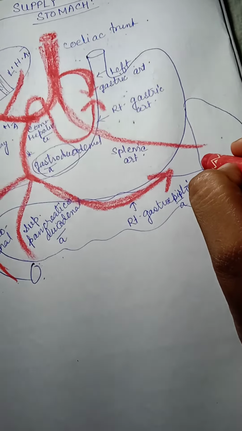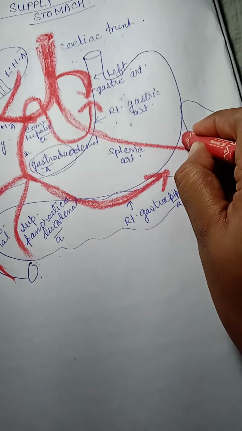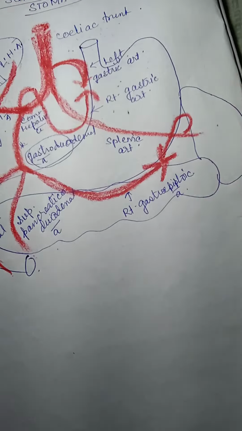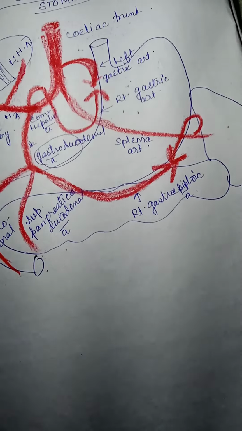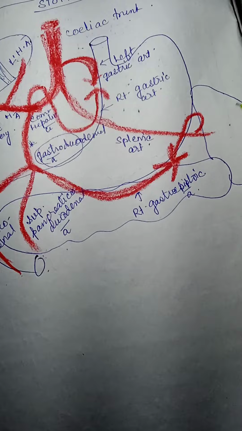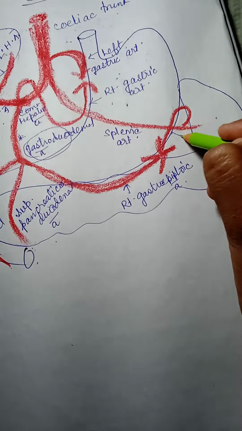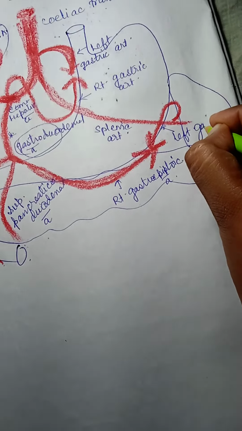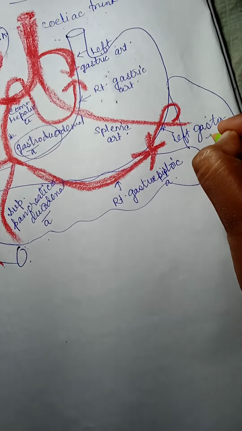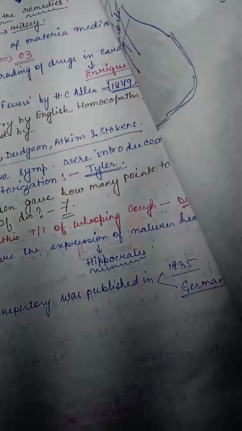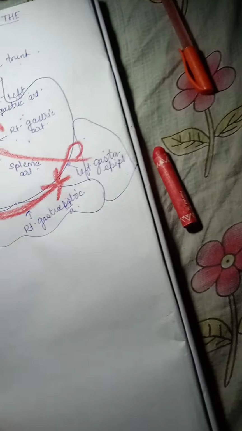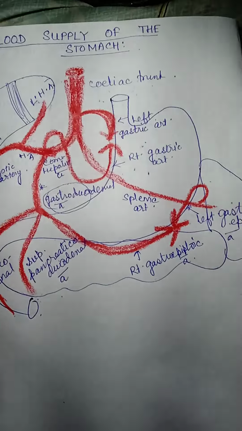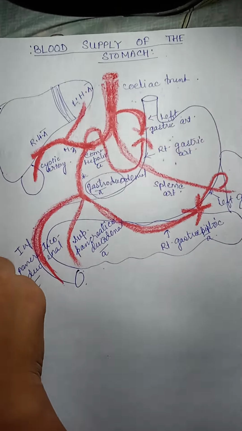It is making anastomosis with the left gastroepiploic artery, which is the branch of the splenic artery. So this is the left gastroepiploic artery. This is all you have to remember about the blood supply of the stomach.